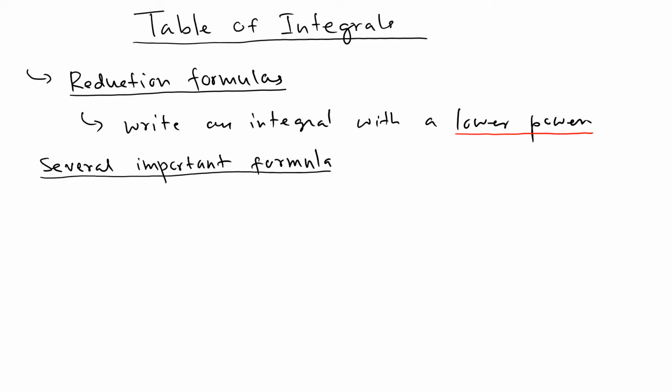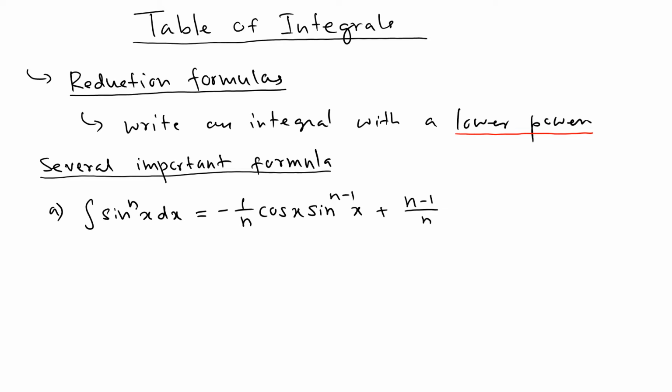For example, let's say I'm going to write A. The integral of sine^n x dx can be related to negative 1 over n cosine x sine^(n-1) x, plus (n-1) over n times the integral of sine^(n-2) x dx.